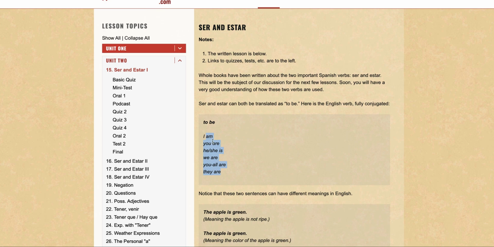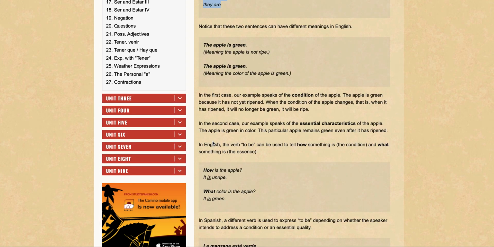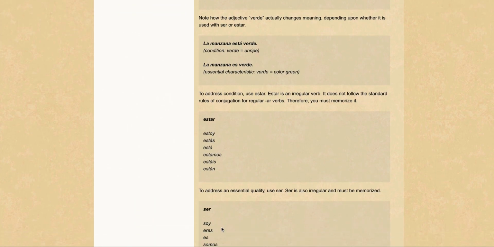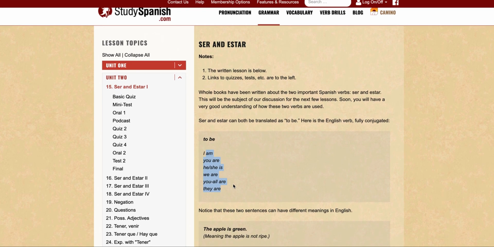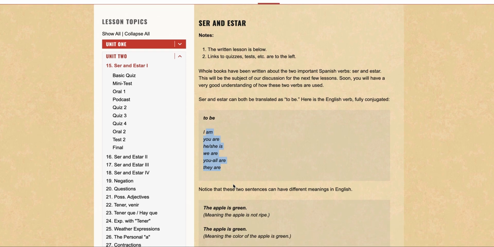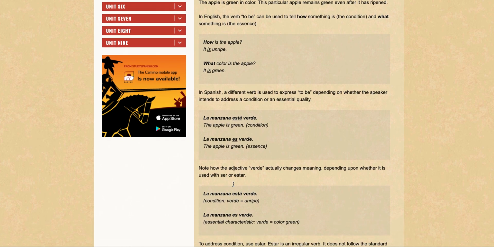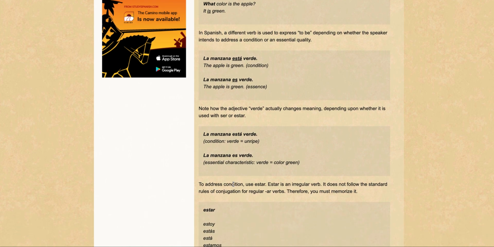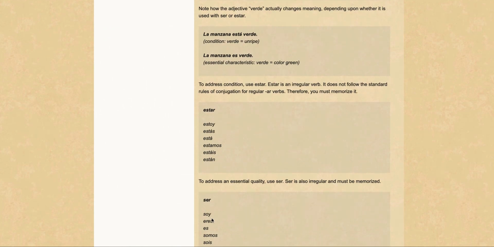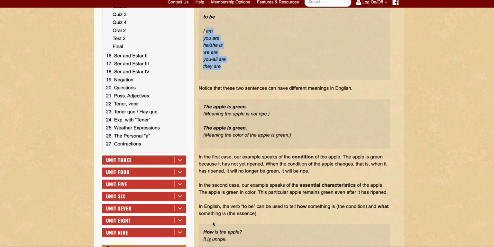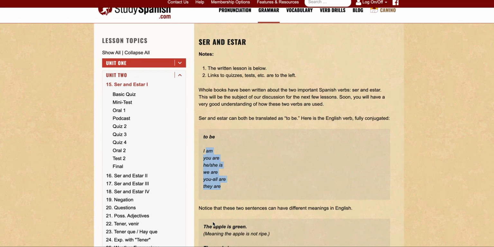So for instance, first person for the estar form will be estoy, and ser will be soy, right? And for you, second person, estás and eres.